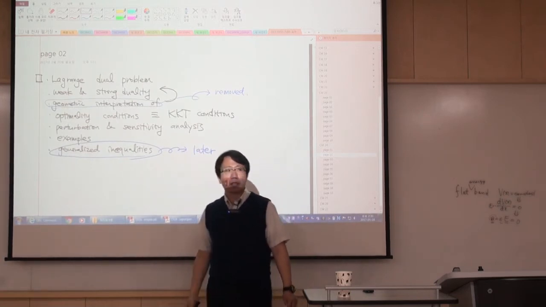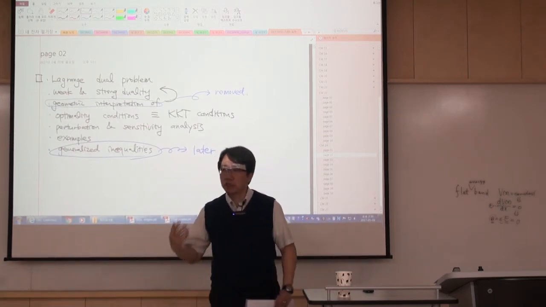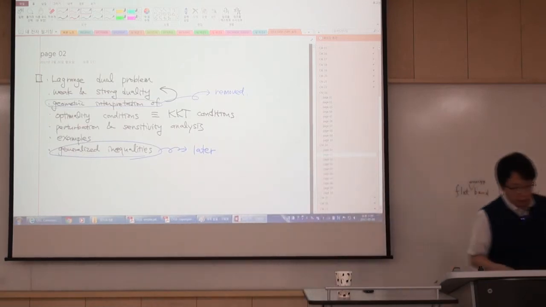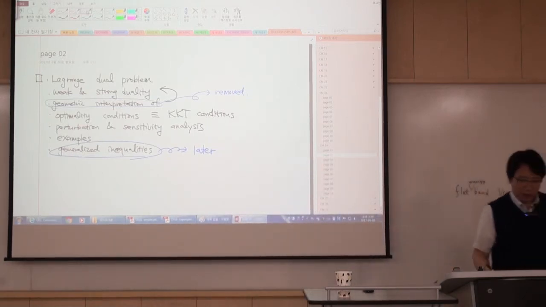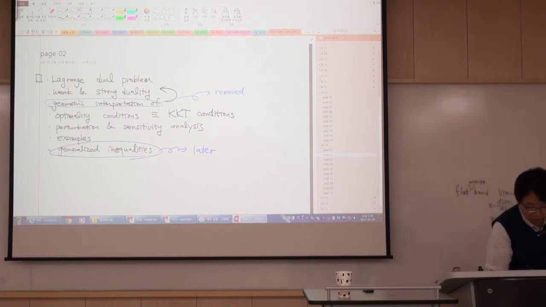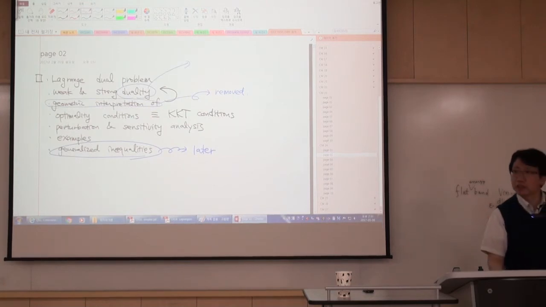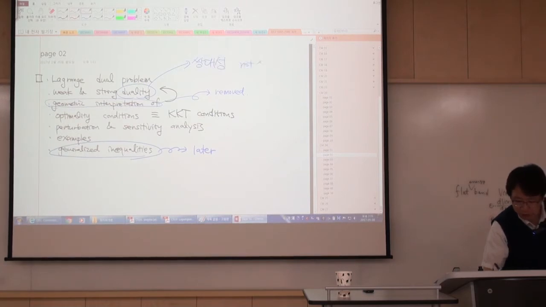And what is duality? You've heard the term duality, and it is sometimes translated as what? How do you translate duality in Korean? It's translated as 상대성. It's not 상대성. Okay? 상대성 is relativity.